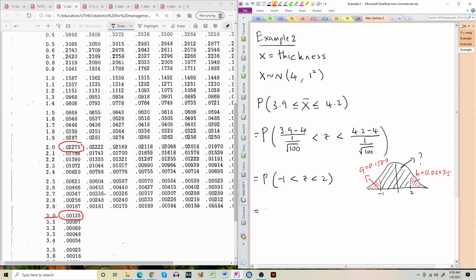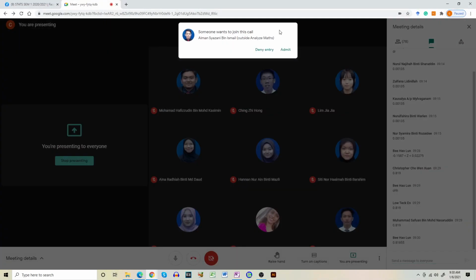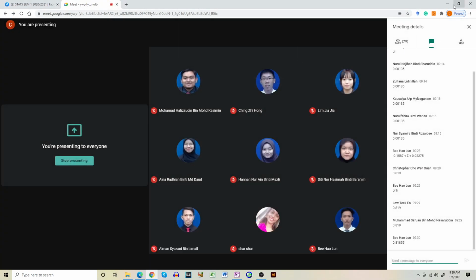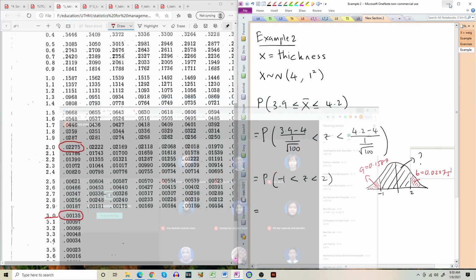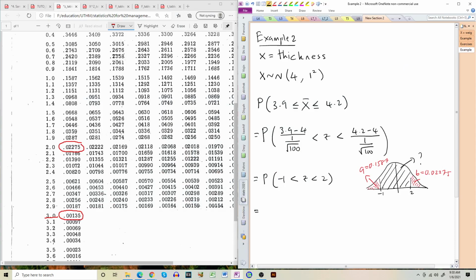So basically the region we are going to find is 1 minus 0.1587 minus 0.02275.